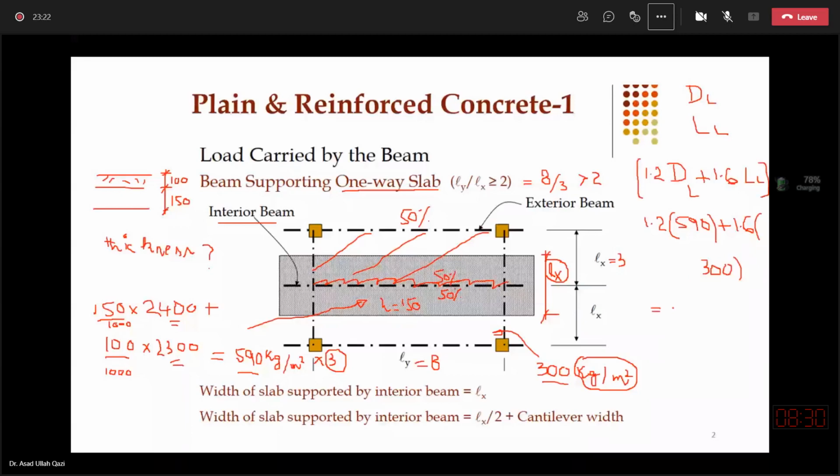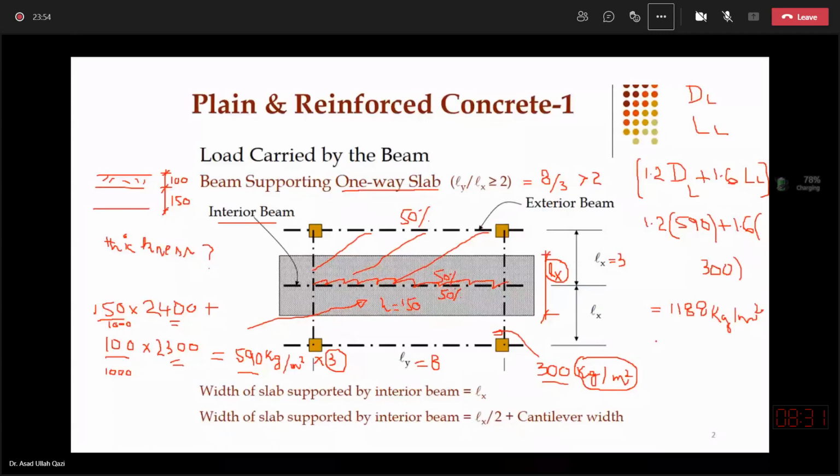1188. It comes out to be 1188 kg per meter square. Now this 1188 is the ultimate pressure, which includes dead and live. We normally use kilonewton rather than kg in our calculations.